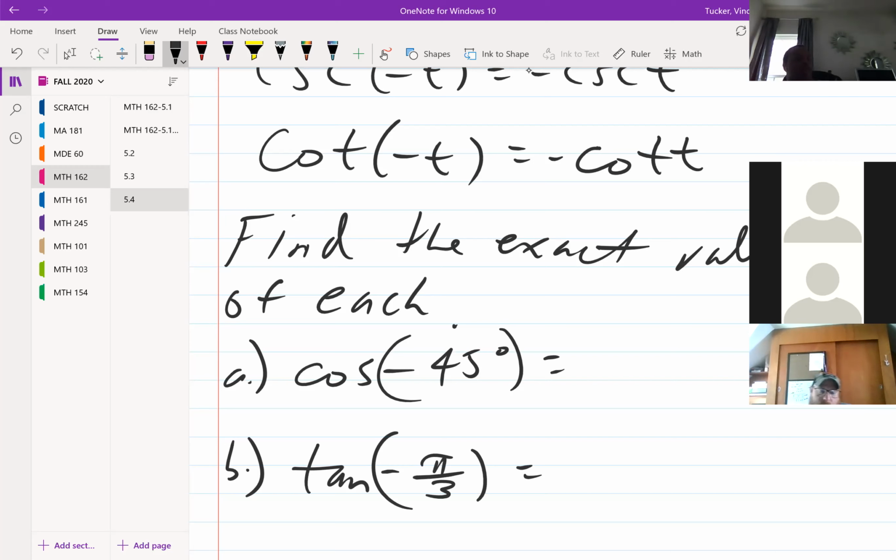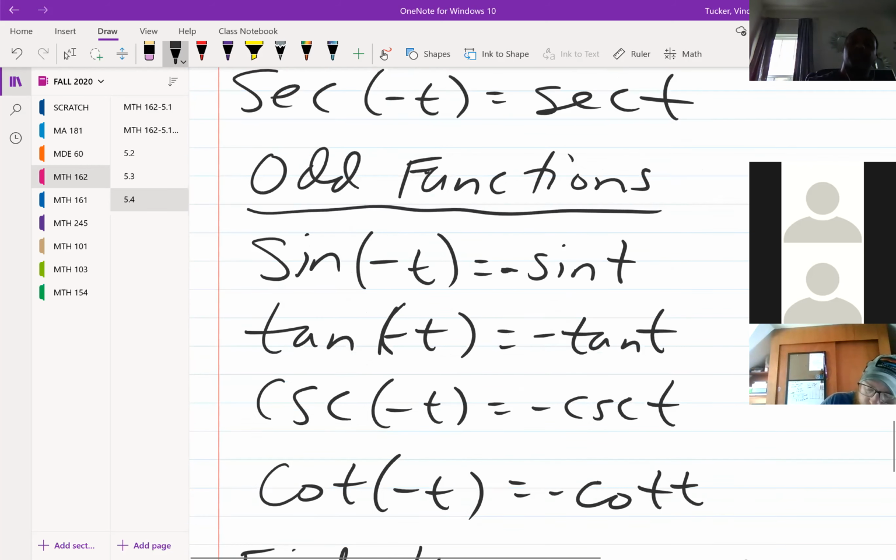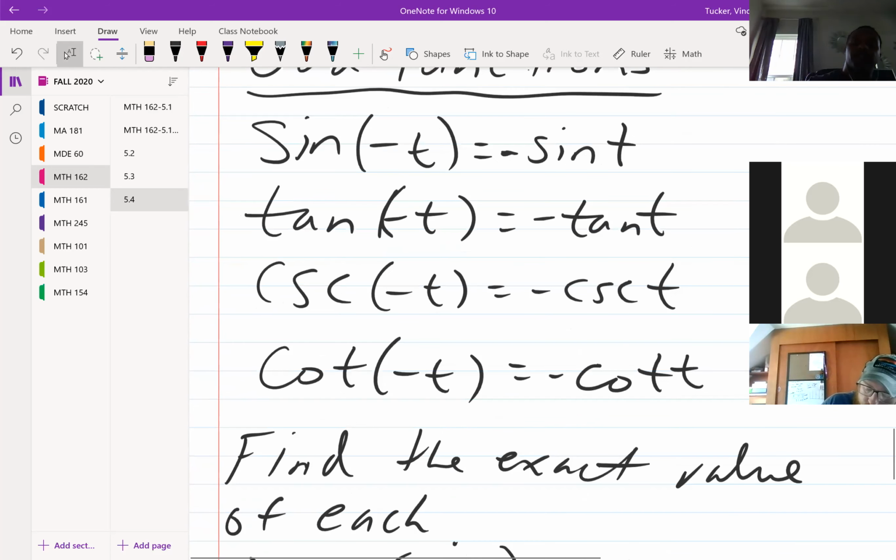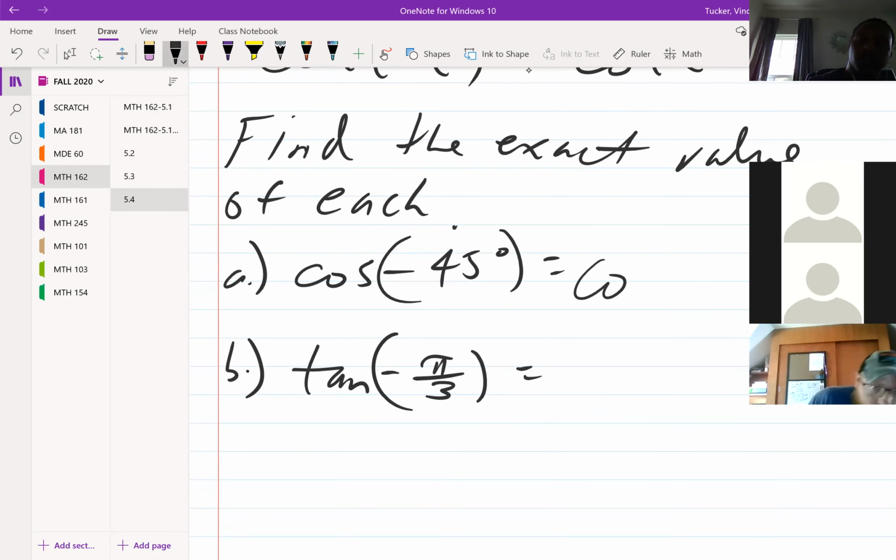So we have cosine of negative 45 degrees. Well, since cosine is even, cosine of negative 45 degrees is the same thing as cosine of 45 degrees. And cosine of 45 degrees is the square root of 2 over 2.